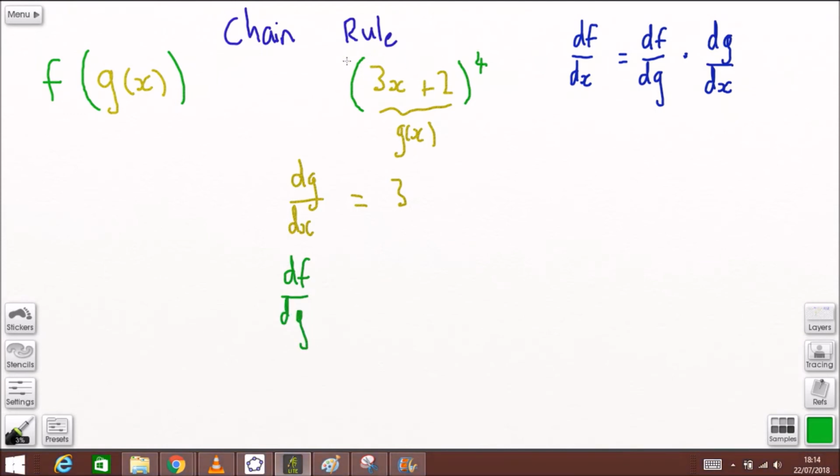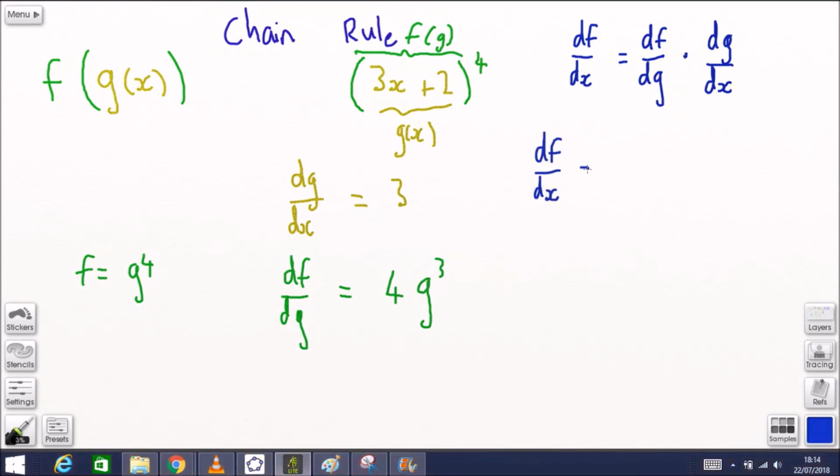So that's everything inside the brackets to the power of 4. So f is a function of not x but of g. So f is equal to g to the power of 4. df dg is therefore 4g to the power of 3. So df dx equals df dg, which is 4g to the power of 3, times dg dx, which is times 3.